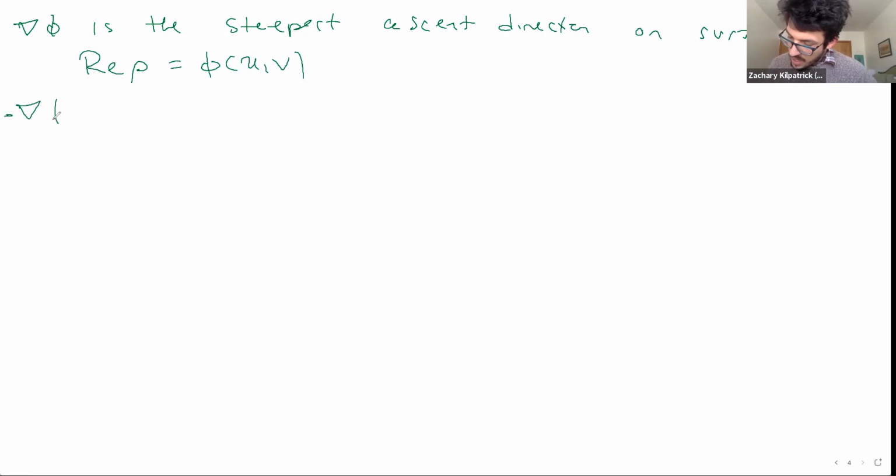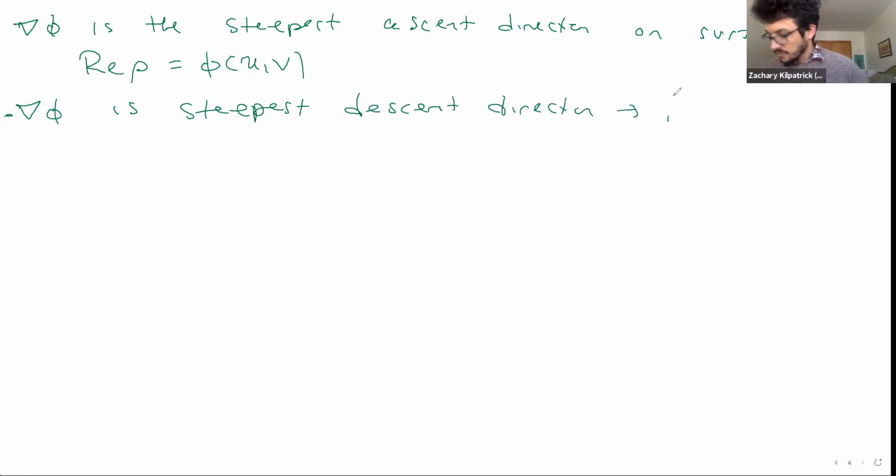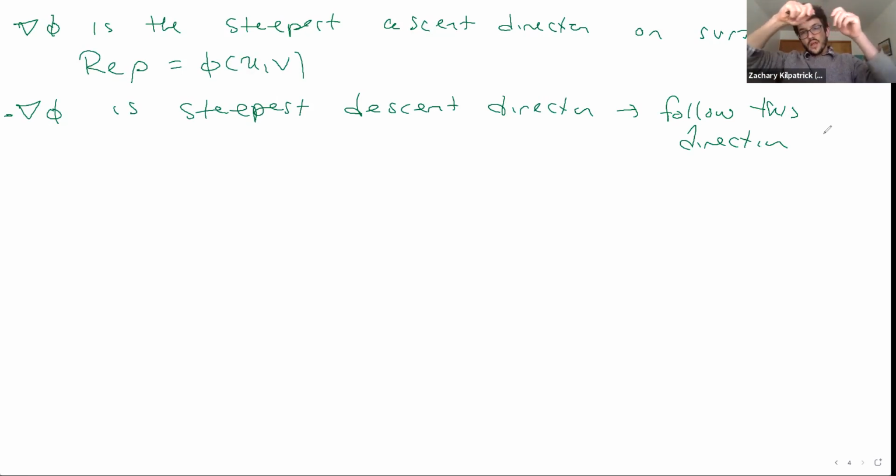Moreover, minus the gradient of rho is the steepest descent direction, okay? And so we want to follow this direction.